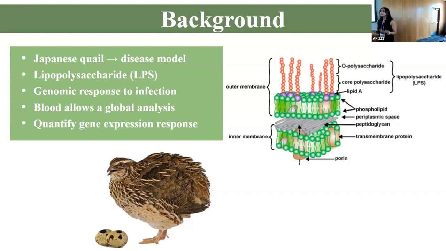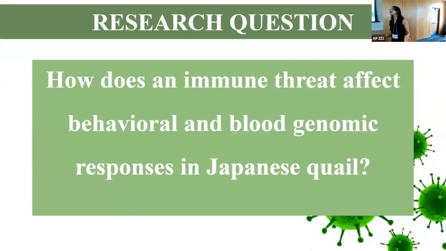We decided to look at the blood transcriptome, or the blood genomic response, of our individuals in order to get a global picture of how infection causes disease at that level and to quantify the different genetic changes that occurred from infection. This leads us to our question: how does an immune threat affect the behavioral and blood genomic responses in Japanese quail?